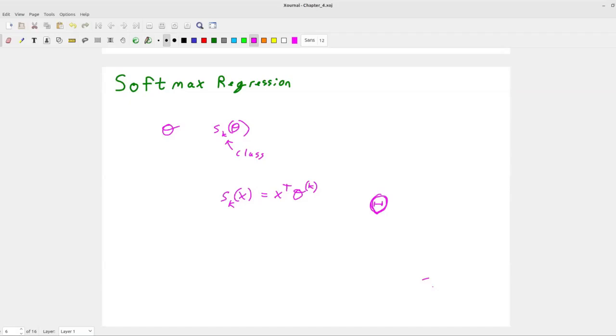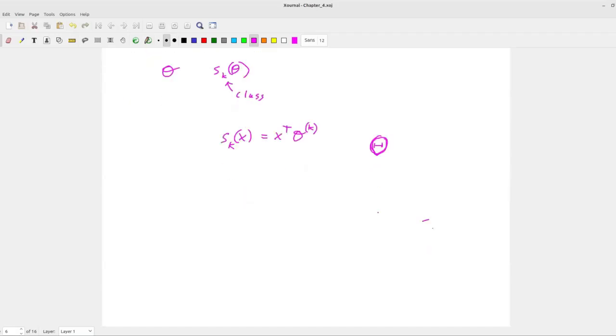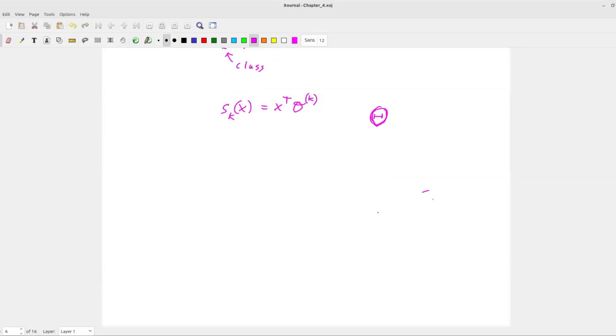So once you've computed the scores for every class for the instance, the model can estimate the probability p_k hat, right? Because it's an estimated probability.